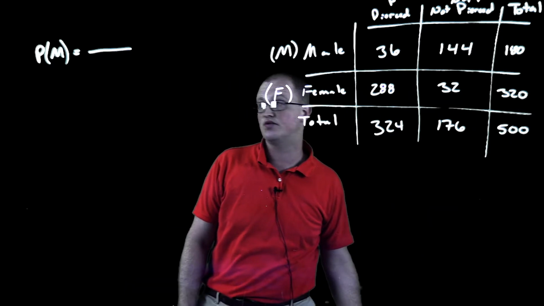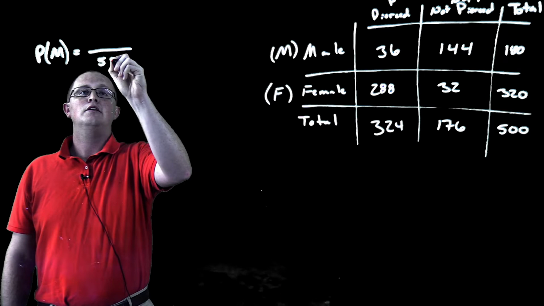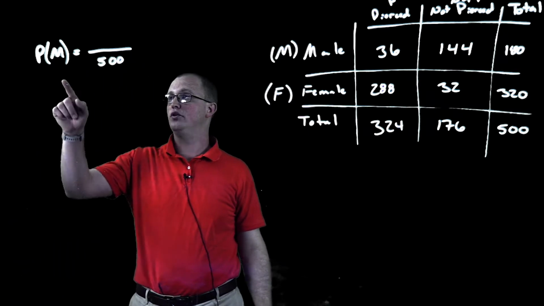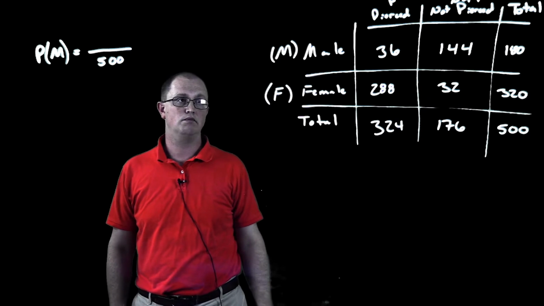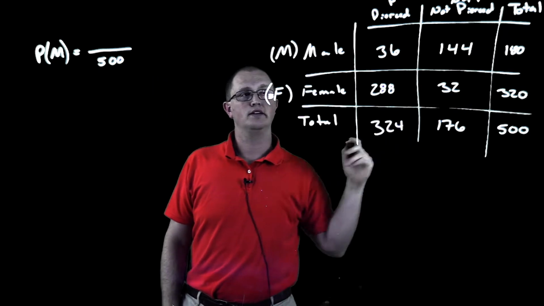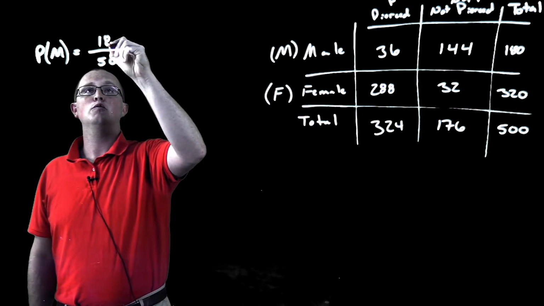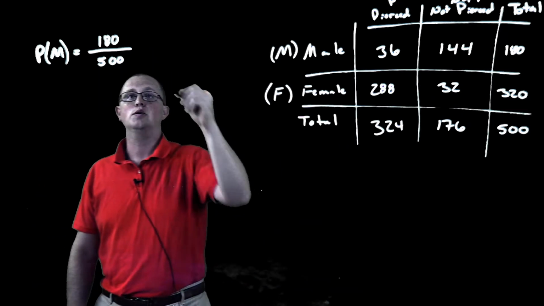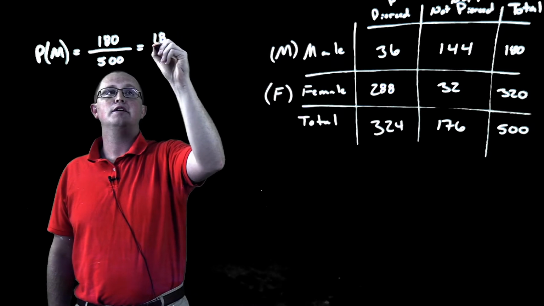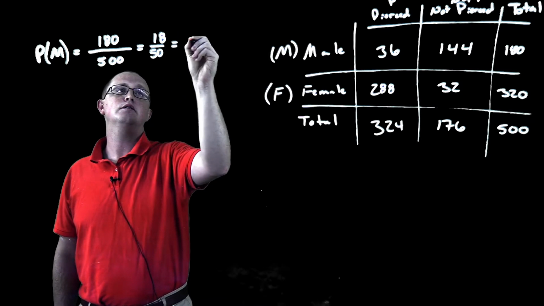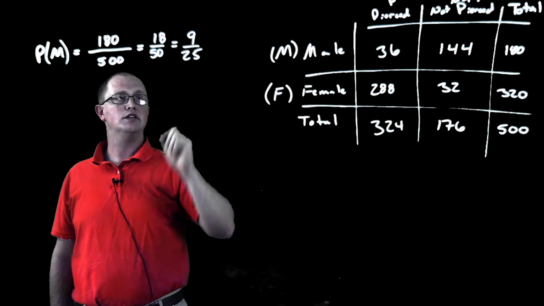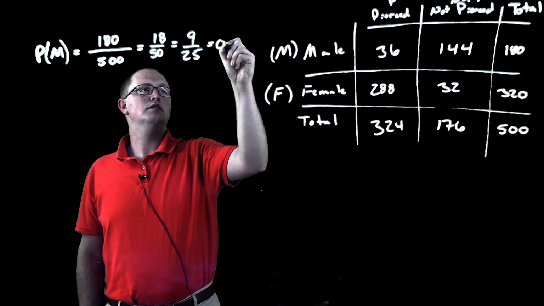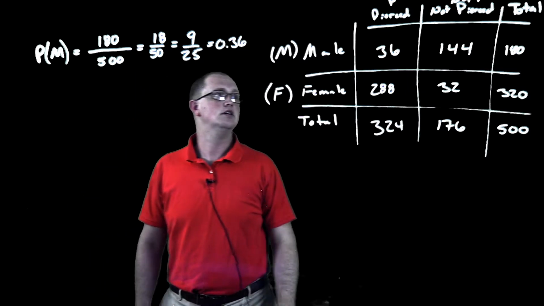So in this case, it's 500. And the total number of people who said that they were male was 180. So that gives us 180 out of 500, or 18 out of 50, or 9 out of 25, which would be 36%.